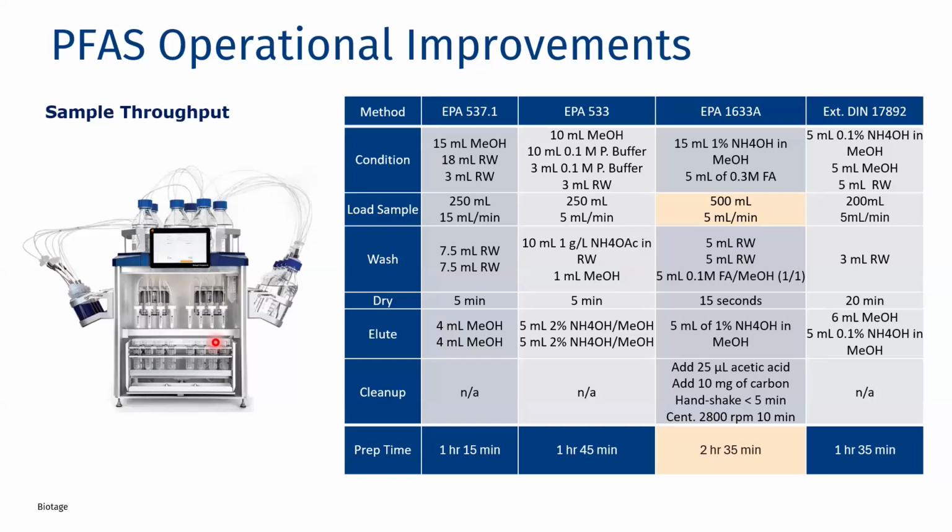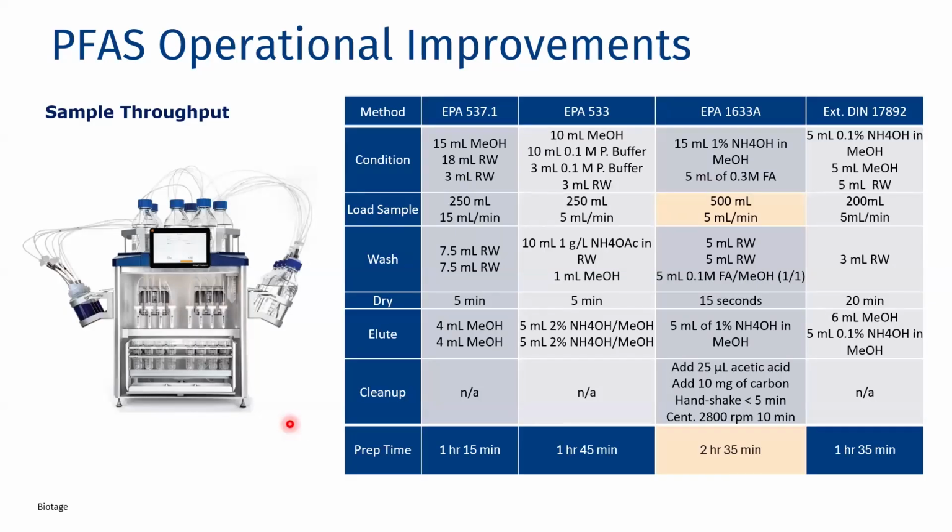So when I think of operational improvements, I think most labs will agree that sample throughput, especially for a lab that's processing hundreds of samples, maybe even thousands of samples a week, is by far the most important. Making sure that you can process all your samples and have good turnaround times for your clients is highly important.